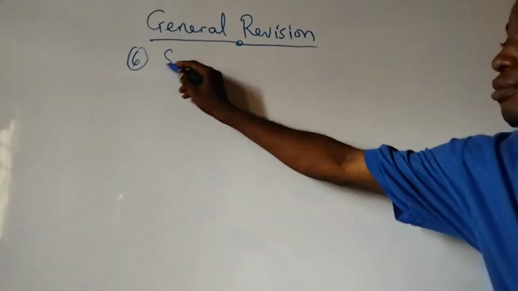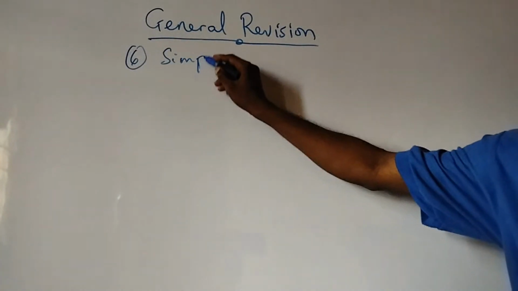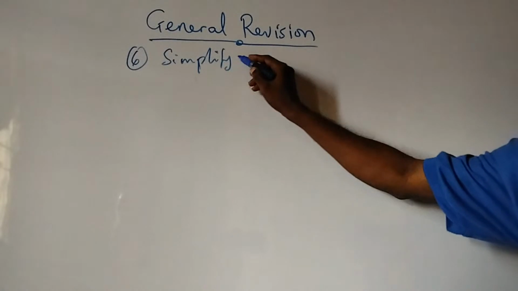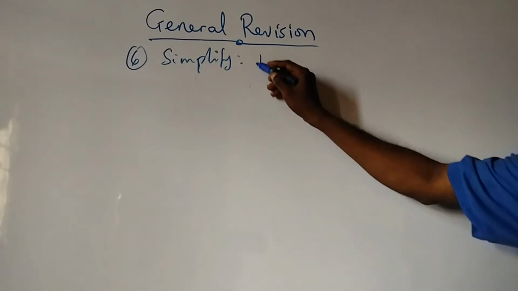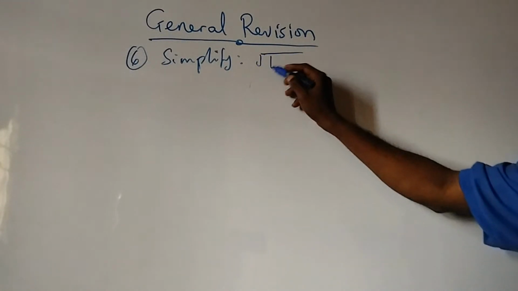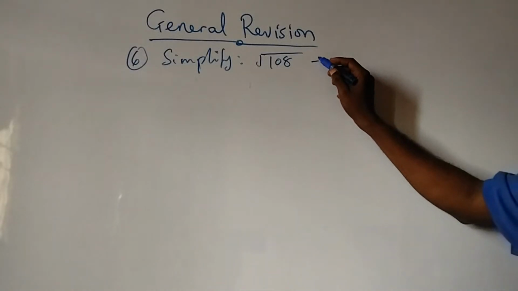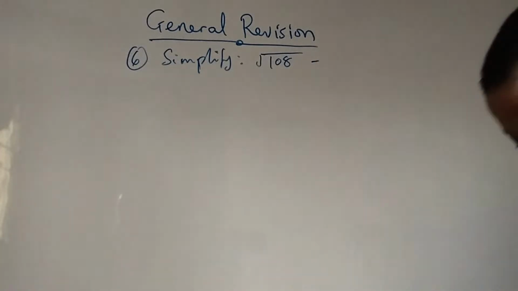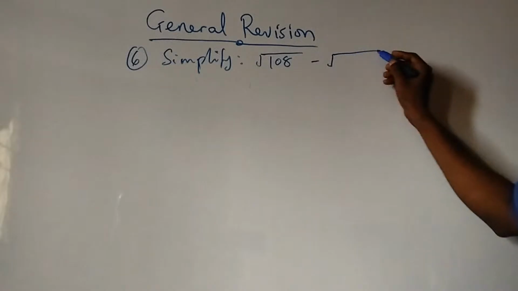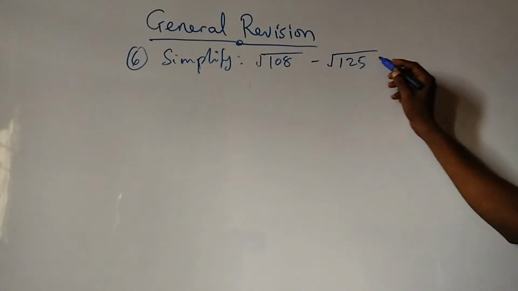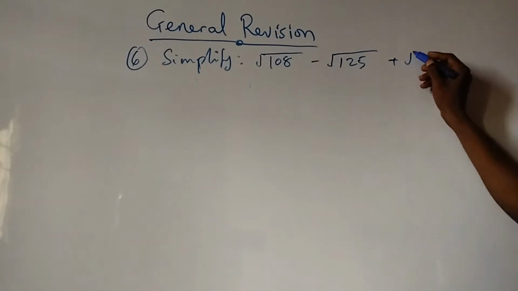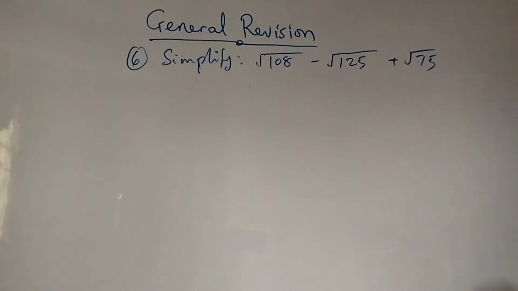Simplify root 108 minus root 125 plus root 75. So this is just a simple expression in surds.